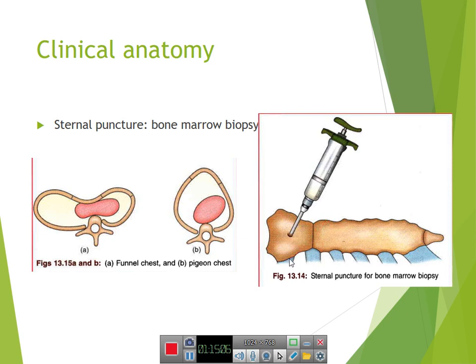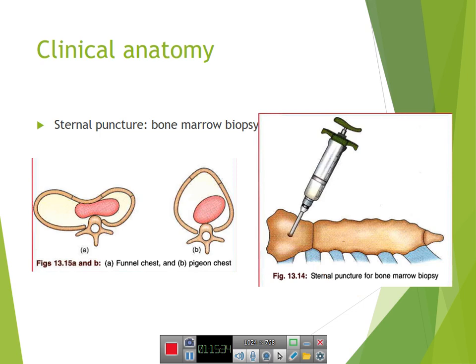In abnormal situations of the sternum, or clinical anatomy, we have two options that you are looking at in the left pictures of this slide, and we can use a maneuver of the sternum for aspiration of the bone marrow for medical use.